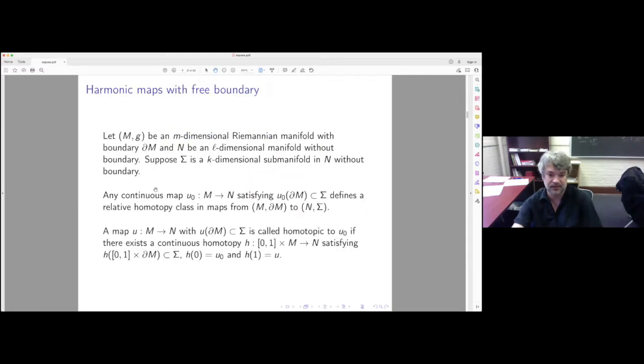So let's look at what's happening with what I call a harmonic map with free boundary. Let's look at when the domain has a boundary. So let's take a domain M which has a non-empty boundary, and let N be my target. And let's take Sigma to be a submanifold of the target. But Sigma has no boundary, and the target has no boundary either.